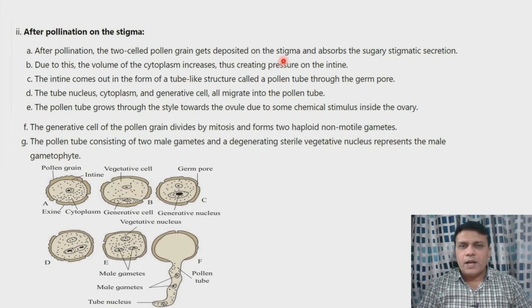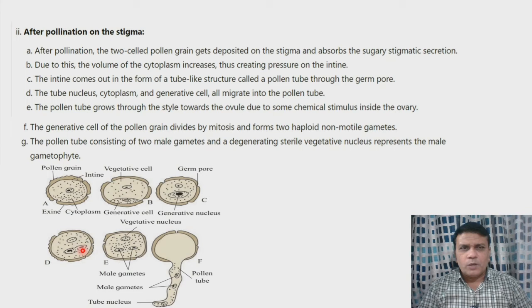When pollen grains are deposited on the stigma, they absorb the sugary substance secreted by the stigma for their development. Then the second point is that due to this, the volume of cytoplasm increases, thus creating pressure on the intine.